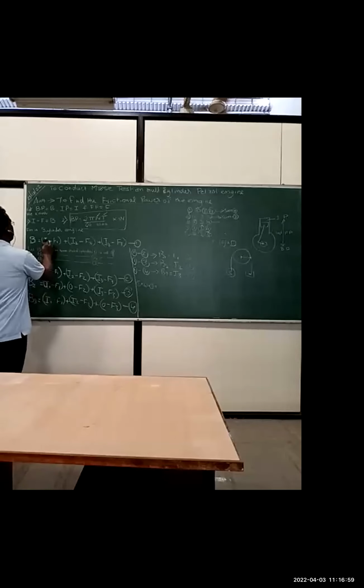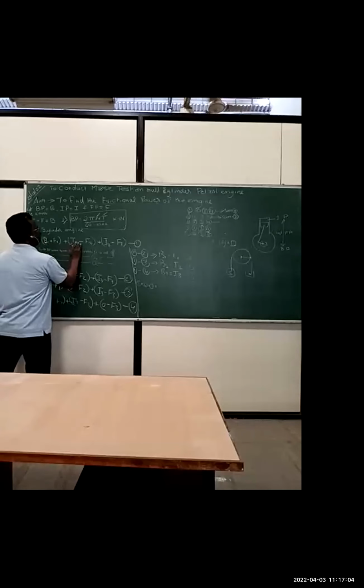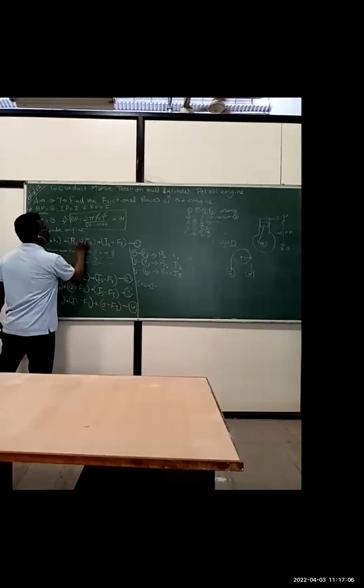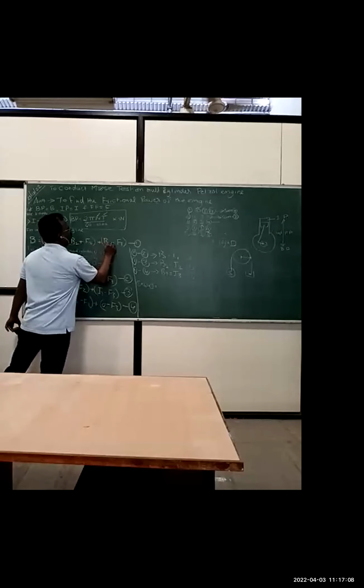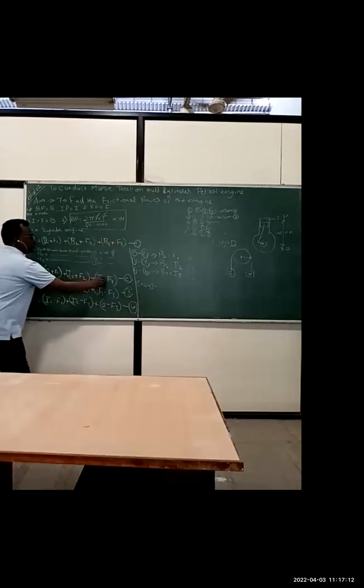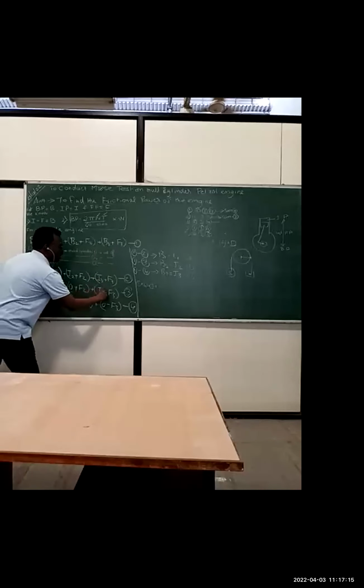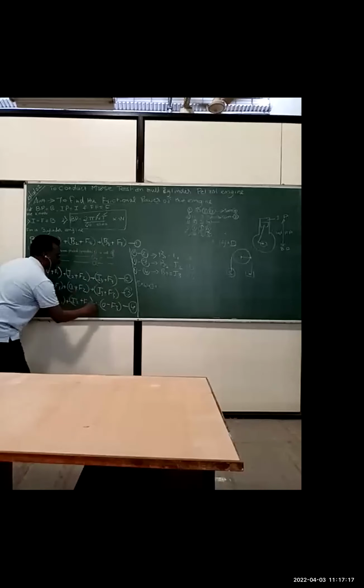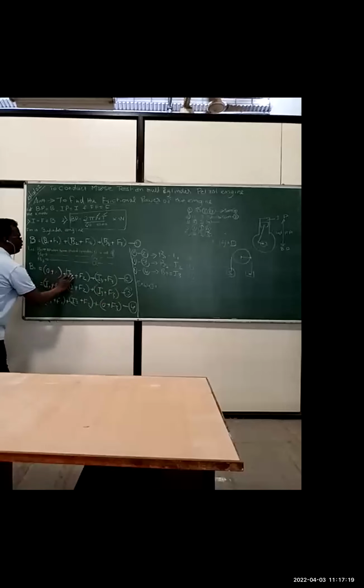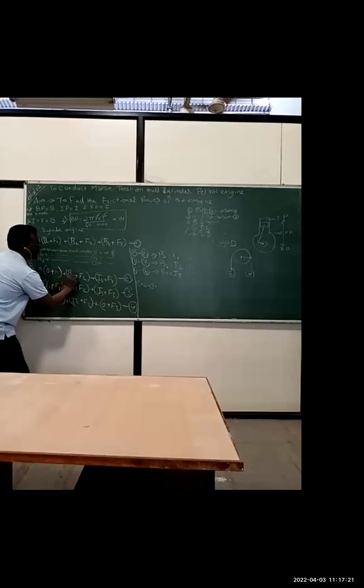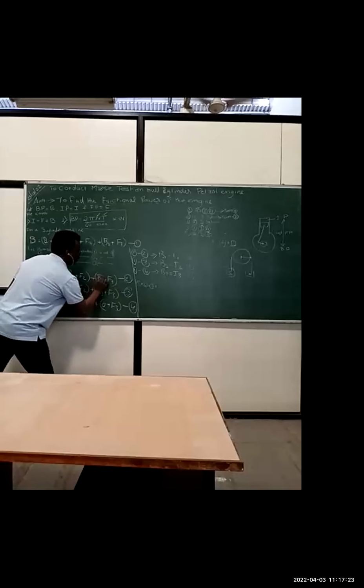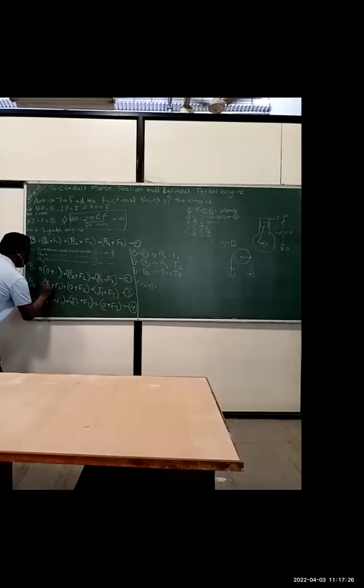Sorry, I made a mistake by writing this in a different format. So this will be B1 plus F1, B2. I have to write in this fashion. Pardon me, I have made a mistake. I want to change it a bit, so that is why the format changed.